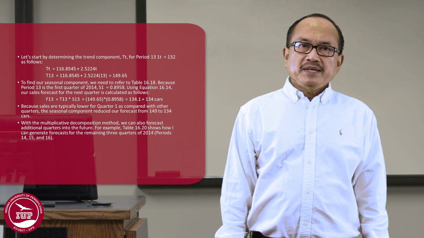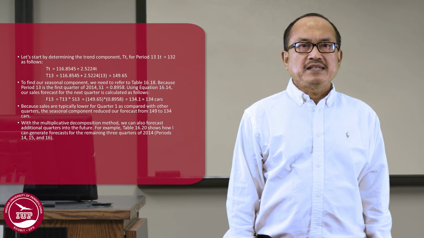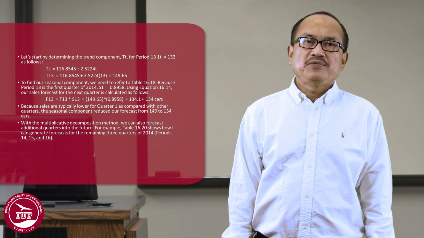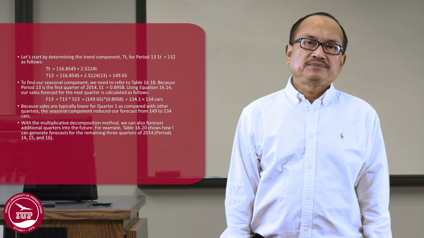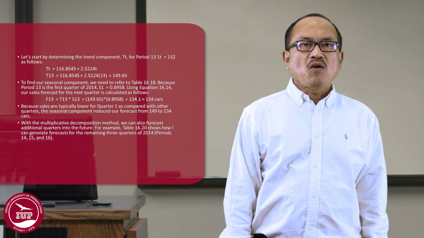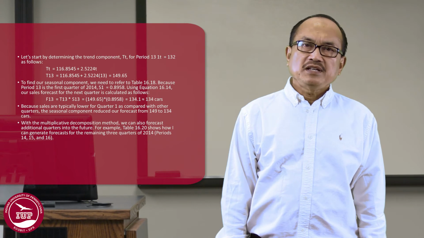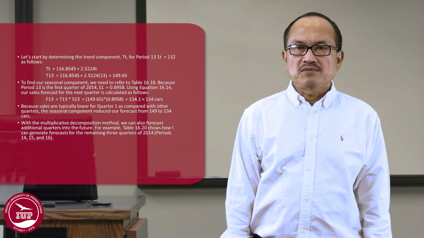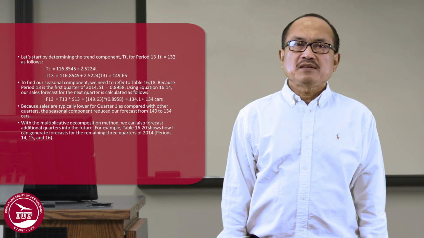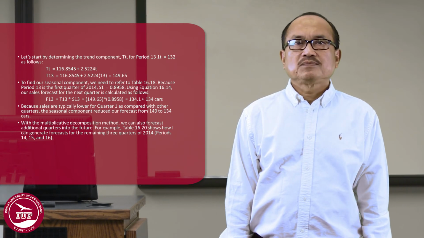With the multiplicative decomposition method, we can also forecast additional quarters into the future. For example, table 16.20 shows how I can generate forecasts for the remaining 3 quarters of 2014 or period 14, 15, and 16.